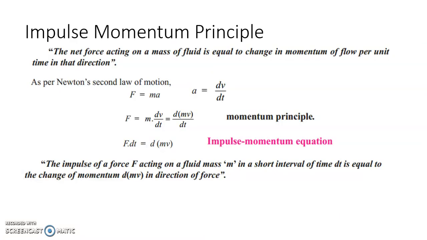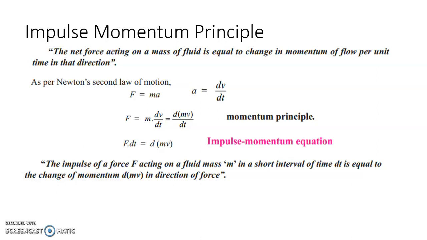Okay, now let us try to understand the impulse momentum principle. According to the impulse momentum principle, the net force acting on a mass of fluid is equal to the change in momentum of flow per unit time in the same direction. We can understand this better from Newton's second law of motion.